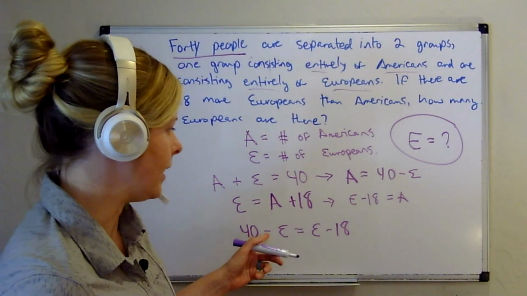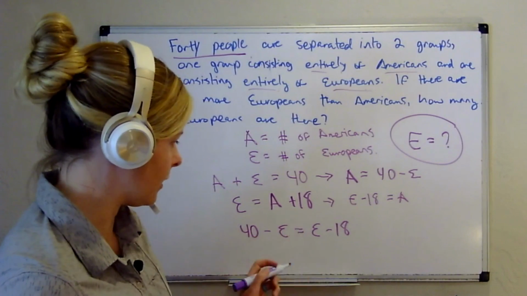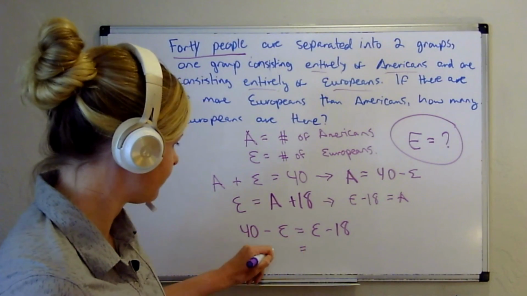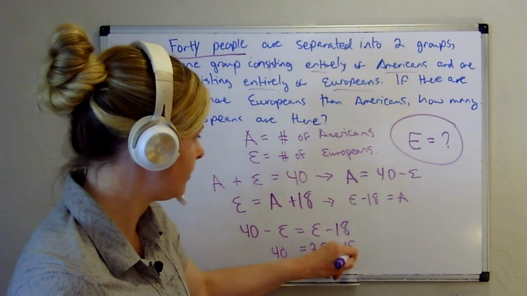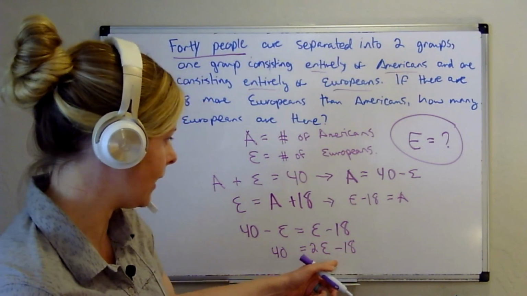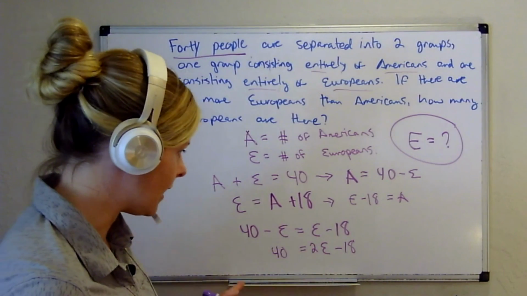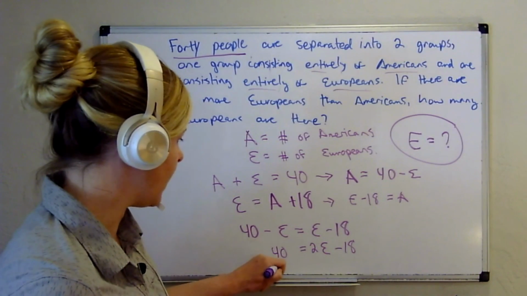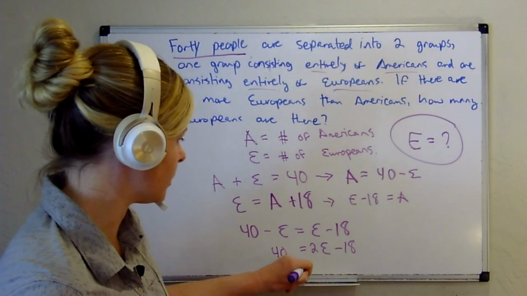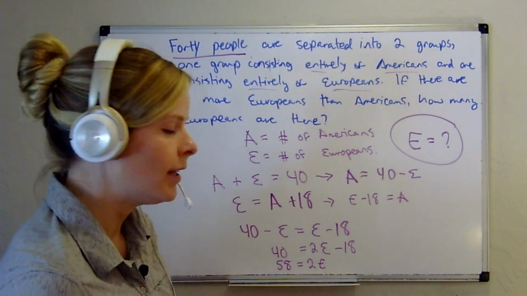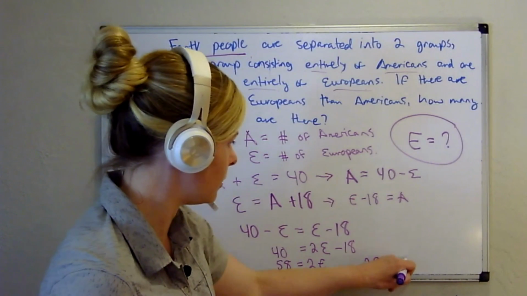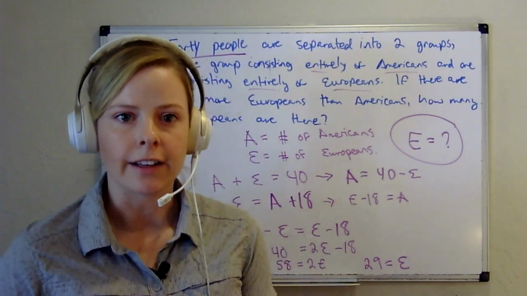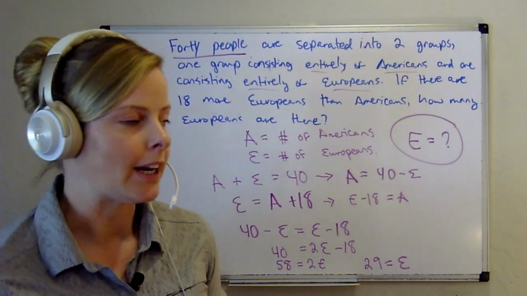I will get my like terms on one side, so I'll add an E to both sides and get 40 is equal to 2E minus 18. And let's get that 18 to the other side by adding 18 to both sides. We get 58 is equal to 2 times E, and then simply divide by 2, and we will get 29 is equal to E. And our final answer here is D, 29.